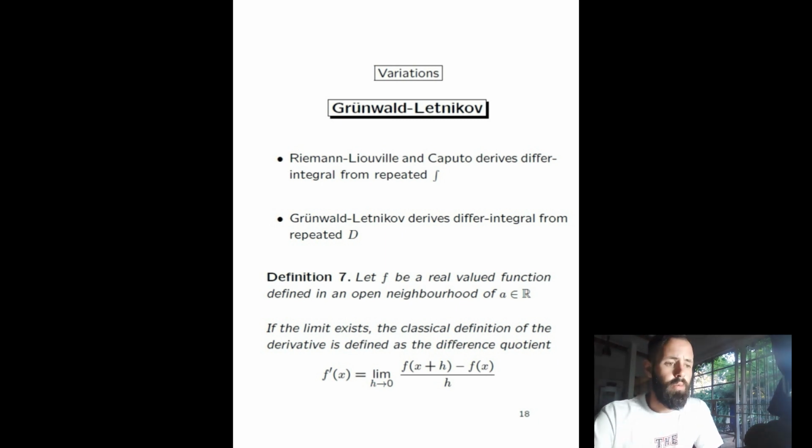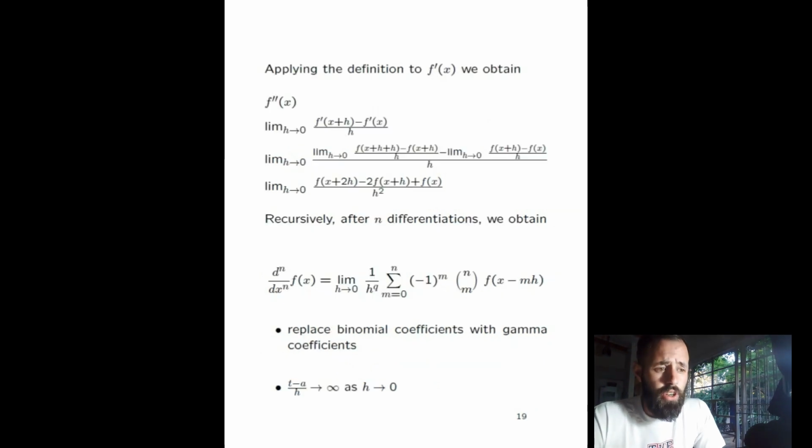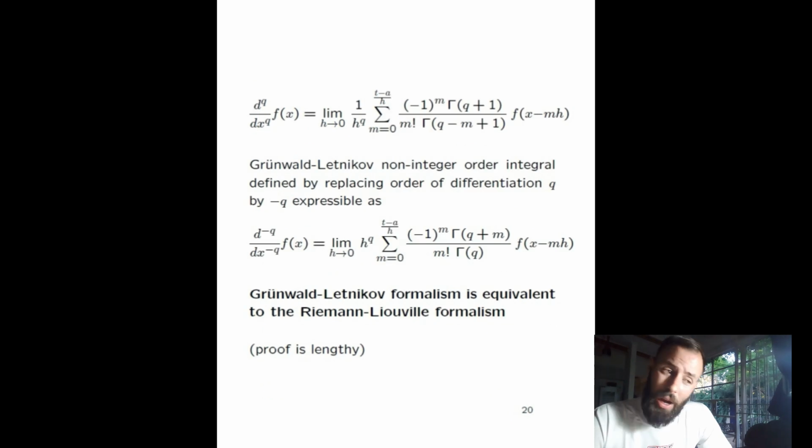So how they do this is by considering the classical definition of the limits of the difference quotient to define the first derivative, and so recursively after n differentiations they obtain a derivative formula, but this is still of integer order, so to generalize the result more, they replace the binomial coefficients with the corresponding gamma coefficients, and the upper limit of summation is replaced with (t minus a) over h, which tends to infinity as h tends to 0. Okay, so how they obtain the integral operator from their derivative operator is by replacing the order q with negative q.